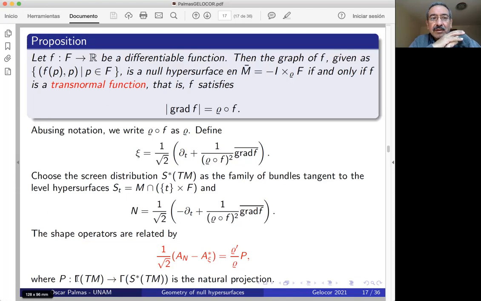So rho must be constant. Okay. In some other cases, we don't have this linear dependence between the shape operators.